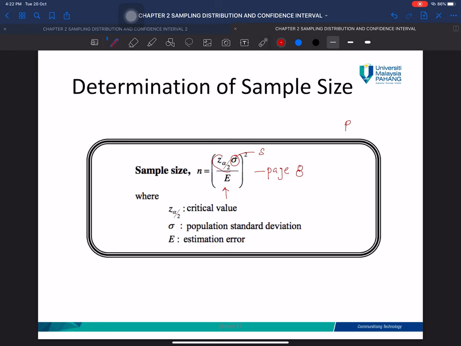You find this value in your statistical table, then you can get the value of n. n is the sample size. It should be a discrete number or a whole number. So if you get a decimal point, a continuous value, we round up to the next whole number.